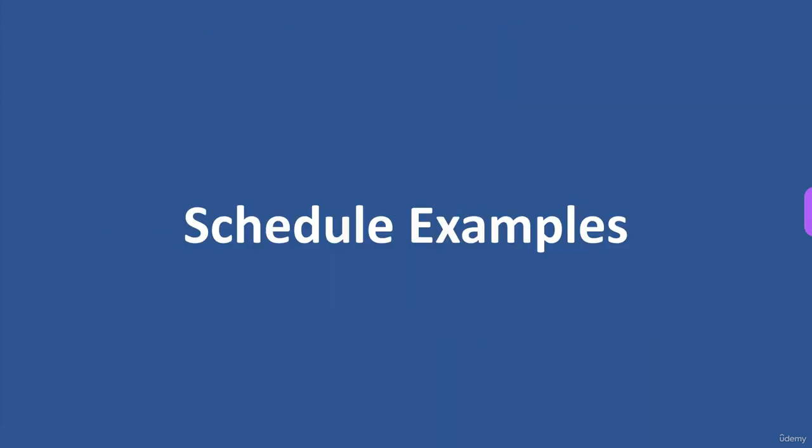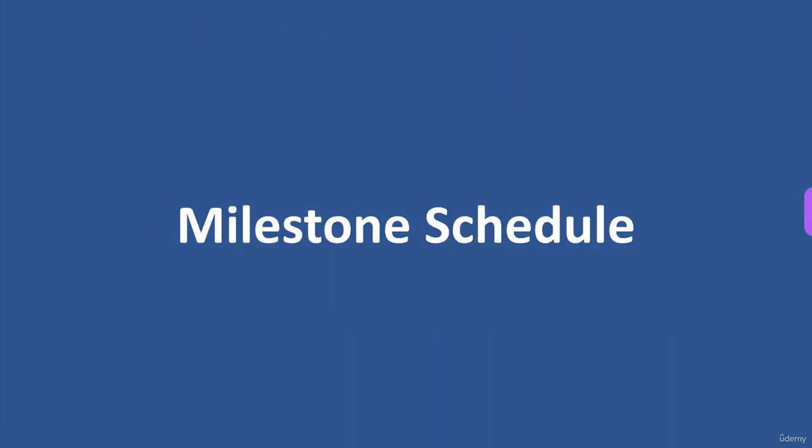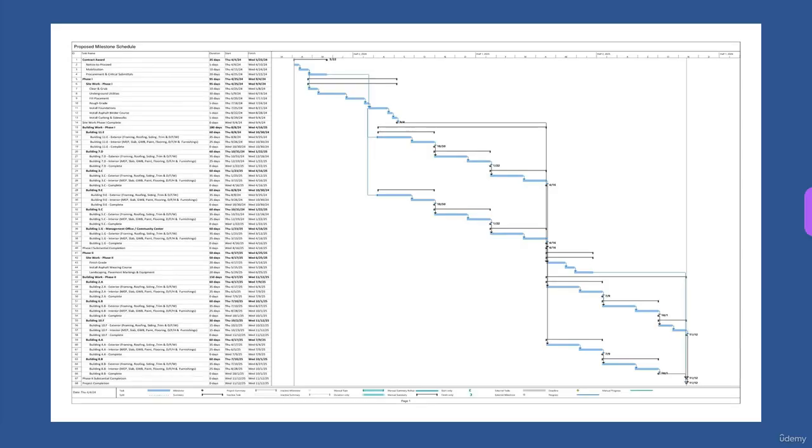So some schedule examples. First, a milestone schedule. This is something I did on a project. Just shows you a quick milestone of a project. I don't get into every activity. This was a project that had multiple buildings, and it basically keeps it simple.